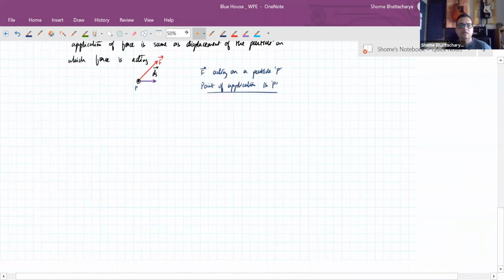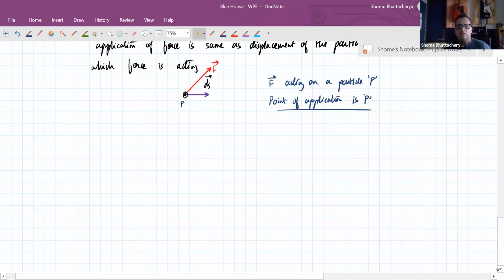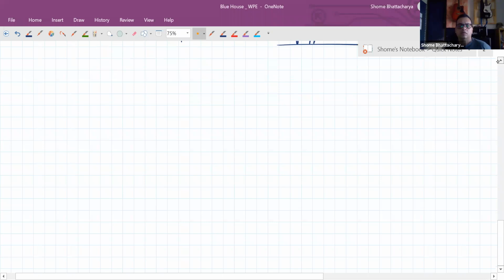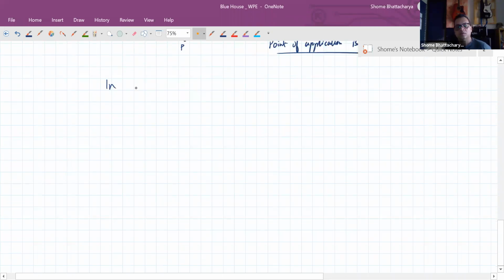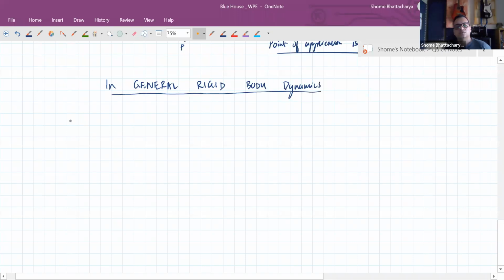But when we talk about general rigid body dynamics, the situation is slightly different. Okay. So if we have an example like this, where we have an object, let's say a rectangular block.